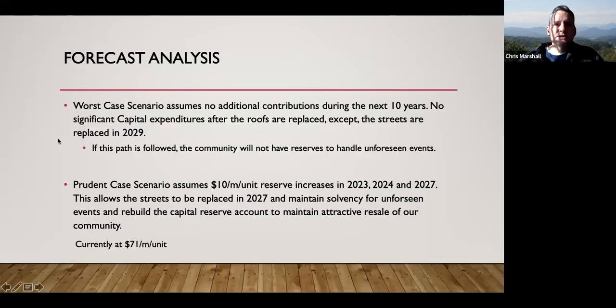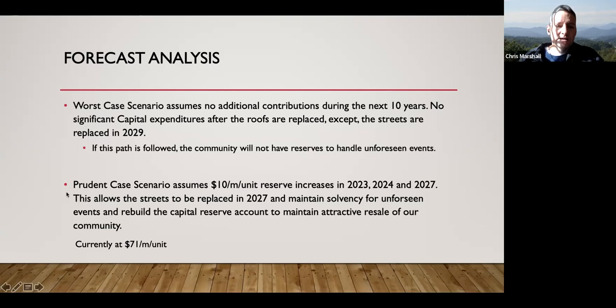So I summarized this in this slide here, where the worst case scenario assumes no additional contributions, just to reiterate that. No significant capital expenditures after the roofs are replaced, except that the streets are replaced in 2029. The implication is that if this path is followed, the community will not have significant reserves to handle unforeseen events.